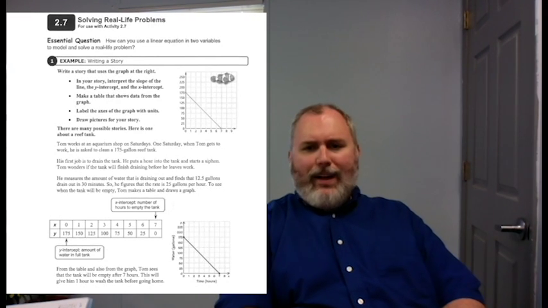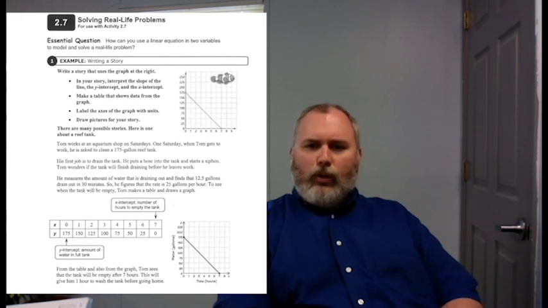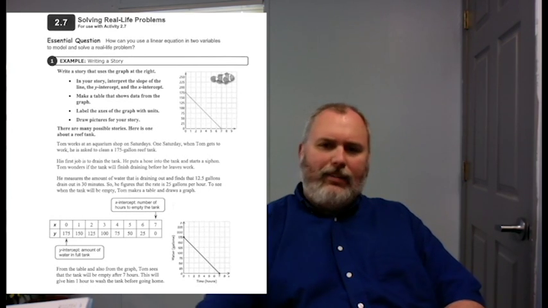But what we are going to do is give you a little bit of a mini project. Your job is to actually create your own story. On the screen right now, you should see a PDF file that I've already given to you through Schoology. In it, on the right side, you would see a graph that has some numbers going up and down the x and y axis.